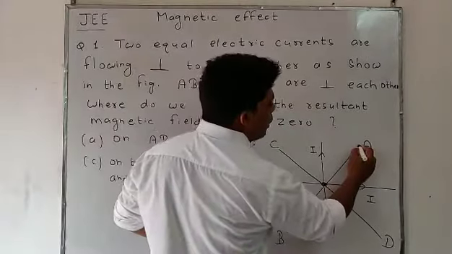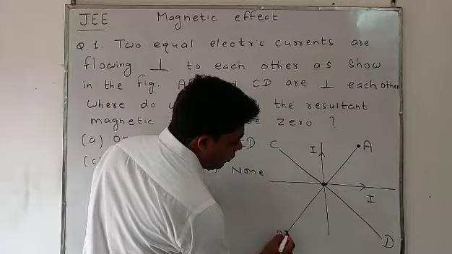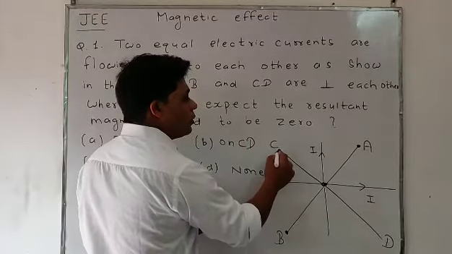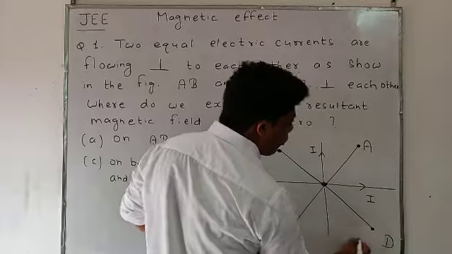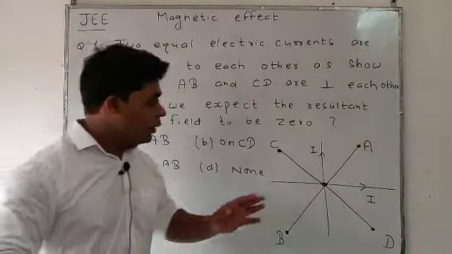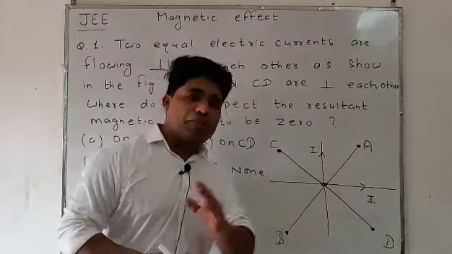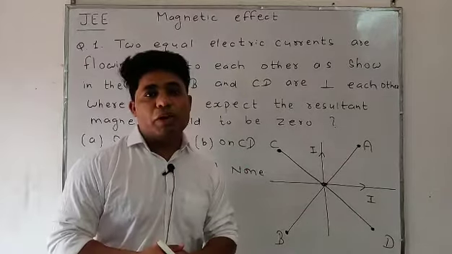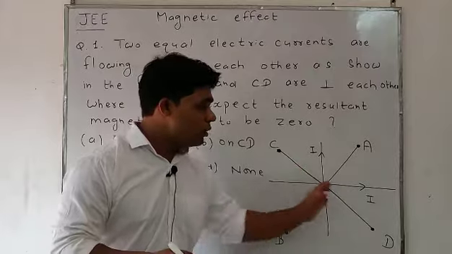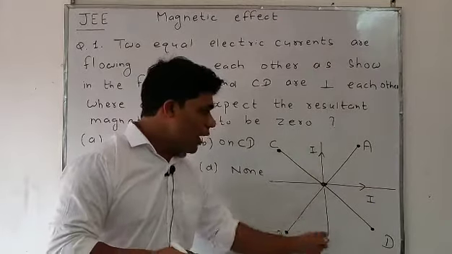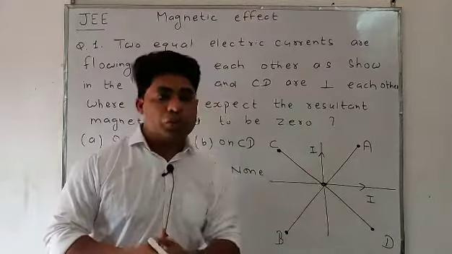Actually, suppose A is a point, B is a point, C is also a point, and D is also a point. We have to find at which point the magnetic field will be zero due to this current-carrying wire. Both the wires are held perpendicular to each other.